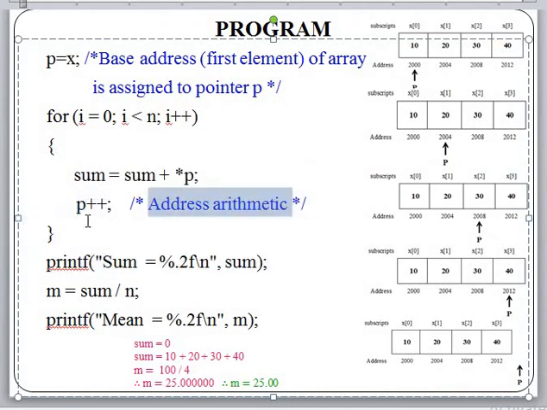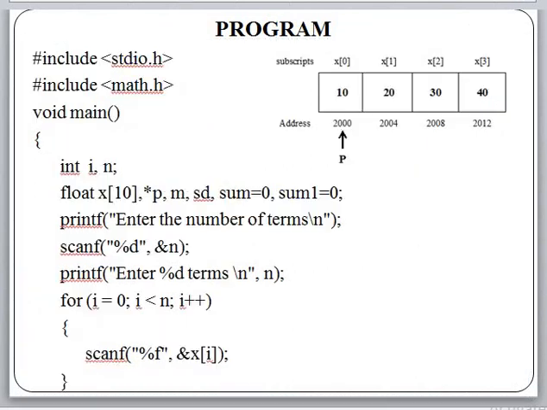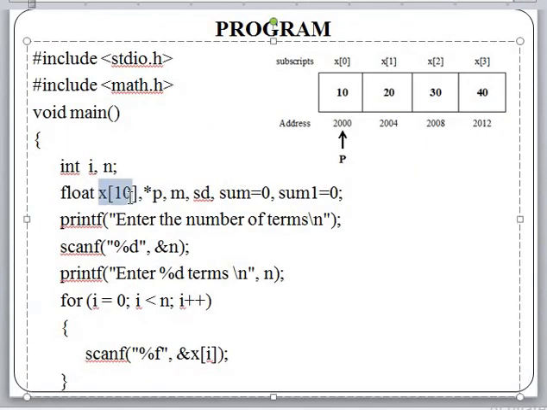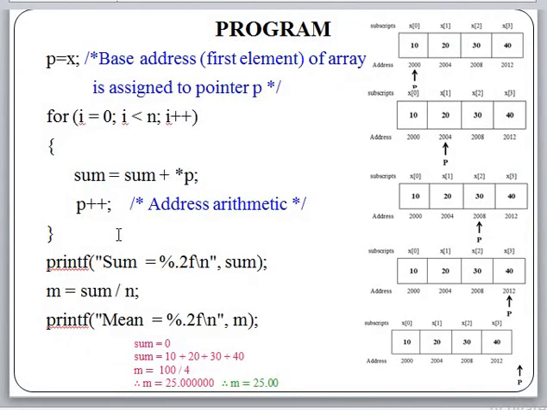You know that pointer p is holding the starting address of the array x. That starting address is 2000 and we are incrementing the address. We know that x is an array of type what? Float.